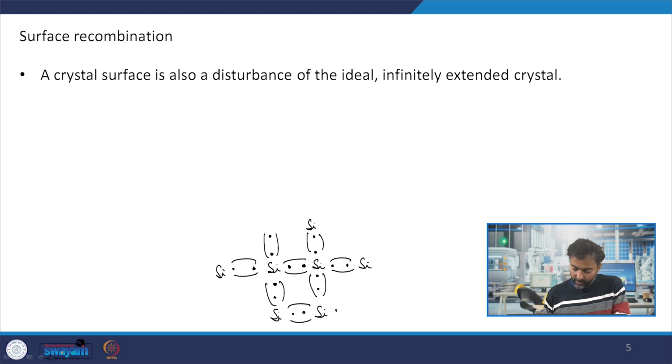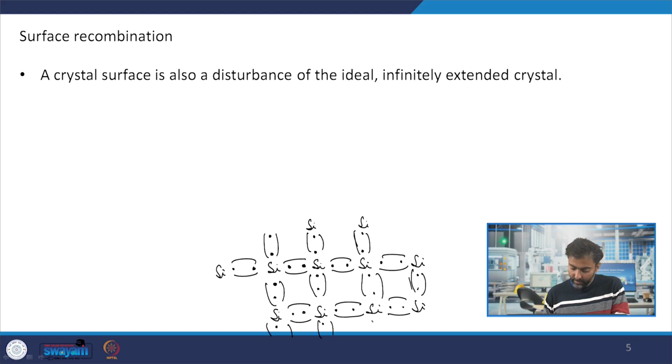So you can keep on drawing like this; it can be infinitely extended. Each silicon atom has 4 electrons in the valence band, and there are 4 adjoining atoms of silicon, and it contributes 1 electron to each of the adjoining atoms to form the 4 bonds around it.